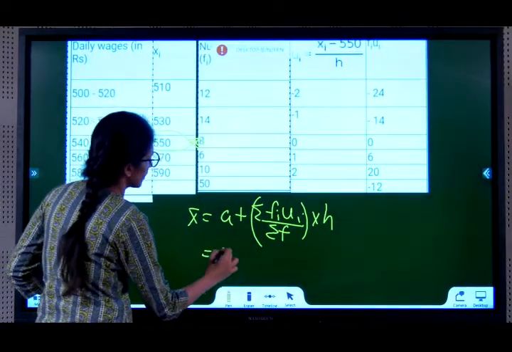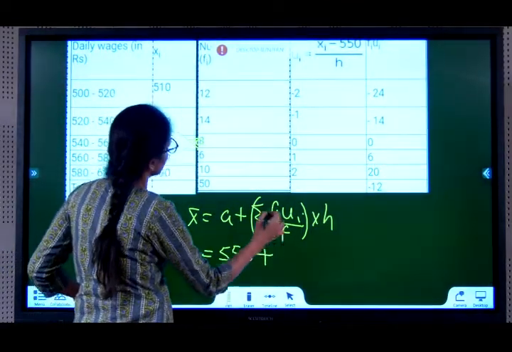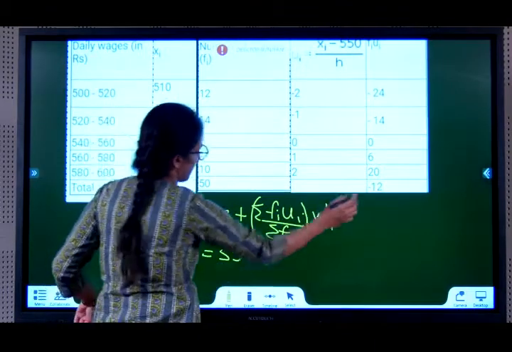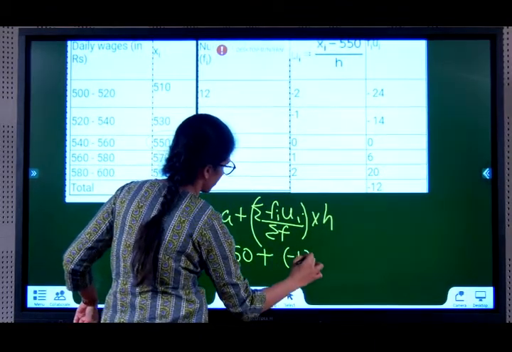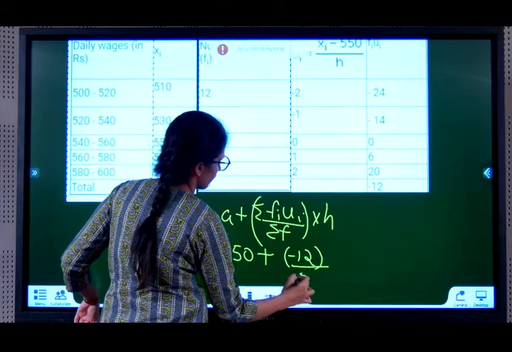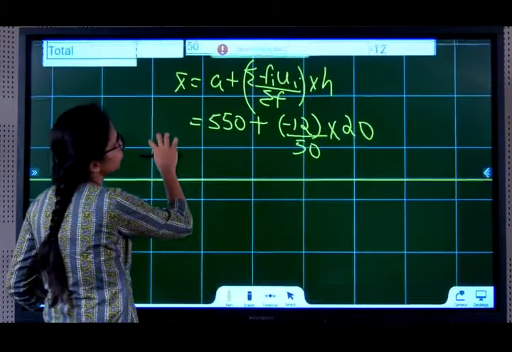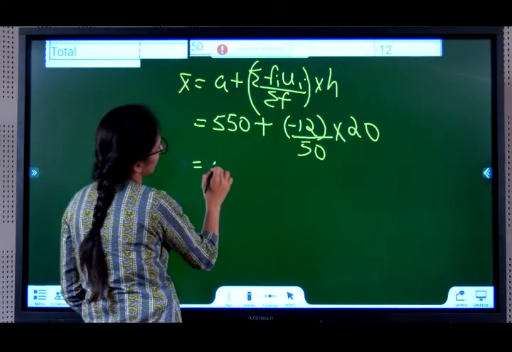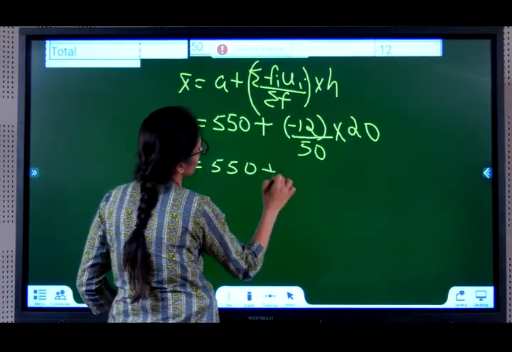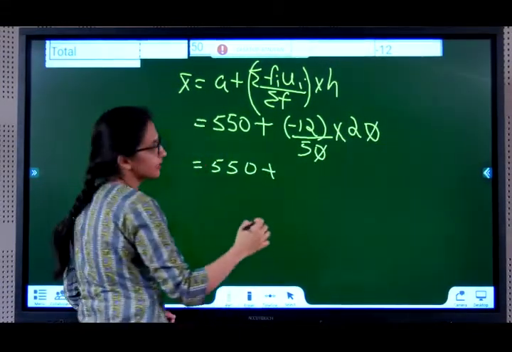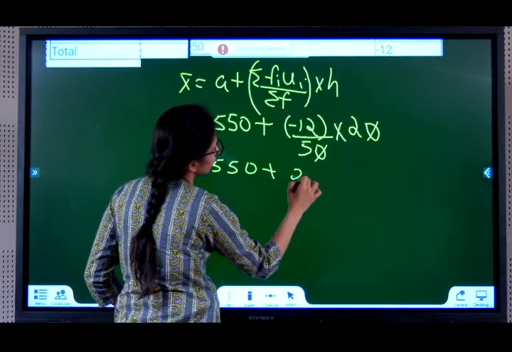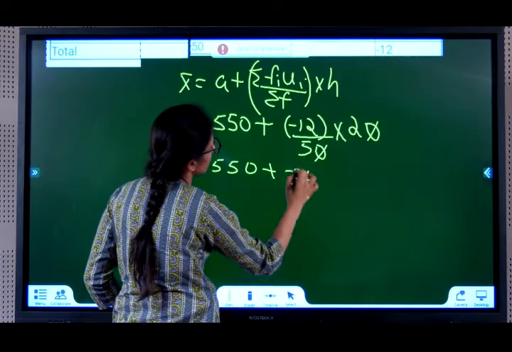What is the assumed mean? 550 plus summation fi ui, minus 12, divided by summation f, 50, into h, 20. Solve this to get the value of the mean. 550 plus, 0 and 0 cancel, 12 twos are 24, minus 24 by 5.